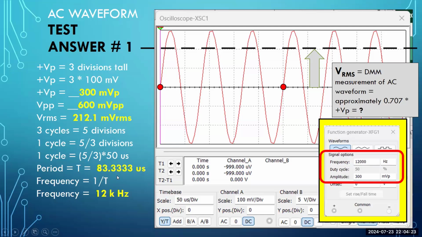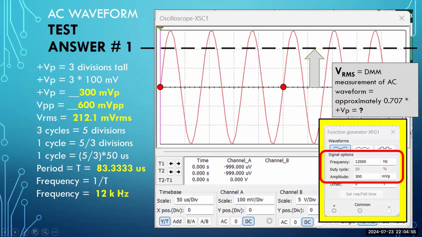Now, it's critical, absolutely critical, if we're dealing with millis and we're dealing with micros, that you key this into your calculators correctly, okay? Very important, because if you don't do the keying in of the engineering prefixes, then your answer is not going to be correct. If you try to do this without the micro, you will not end up with 12 kilohertz, okay? You'll end up with something else.